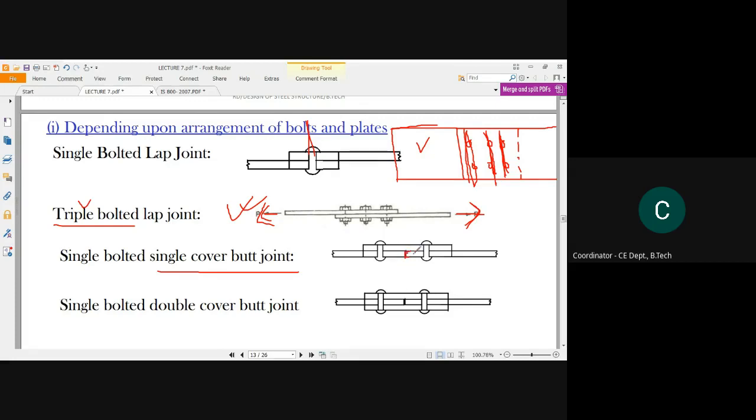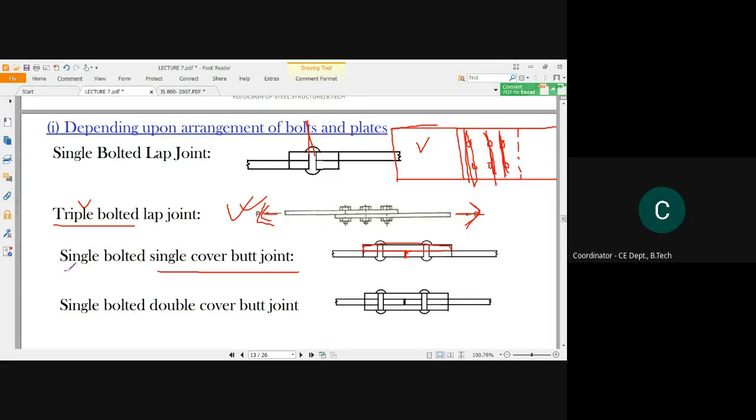So this is a butt joint. This butt joint has been covered by a single plate, and that is why this is called a single cover butt joint.